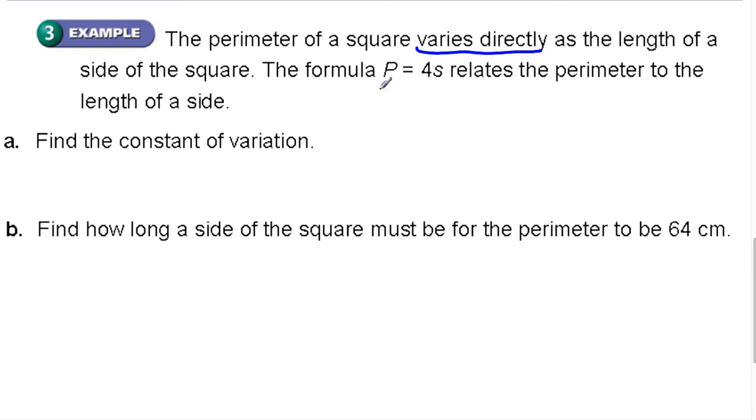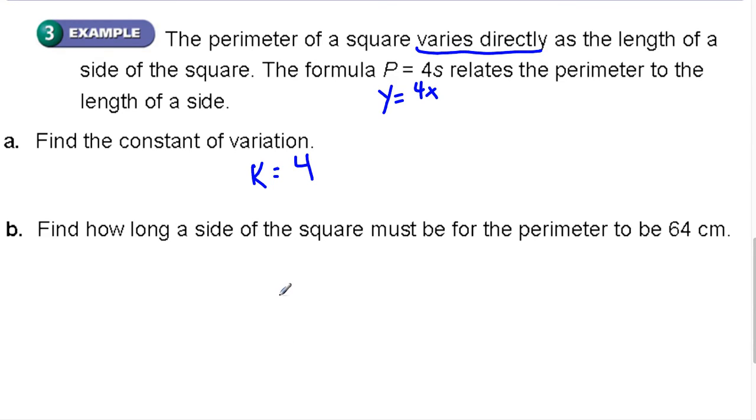If you wanted to think of it as y equals 4x, you can, because that is the exact same thing. So the constant of variation then is 4.